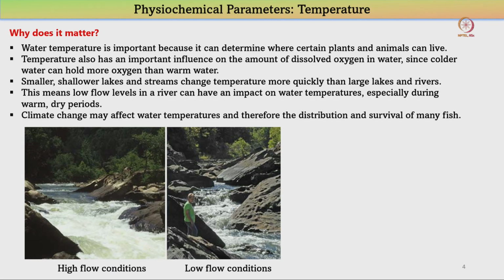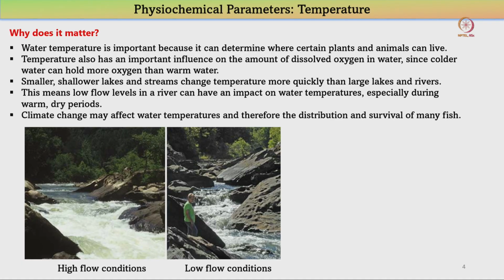If you are considering a lake, then during the summer the temperature sensitivity will be maximum. It can very soon dry up and the oxygen concentration will be very low. So a little stress can trigger a lot of changes. Smaller water bodies are more susceptible to temperature-related changes, and climate change definitely affects the water temperature.